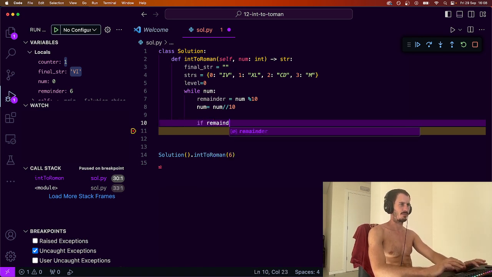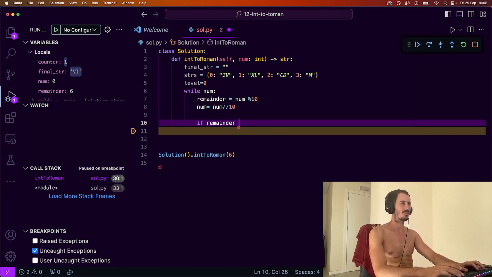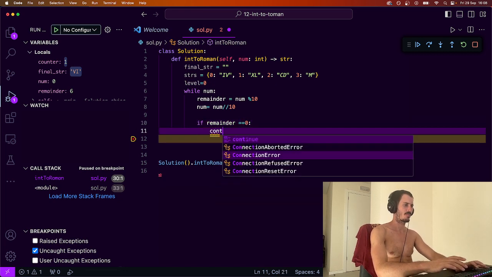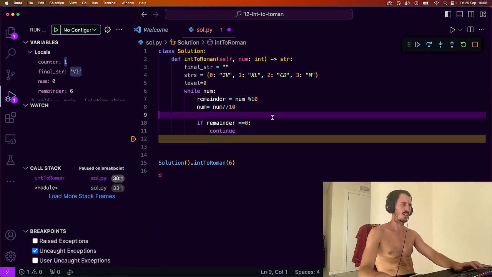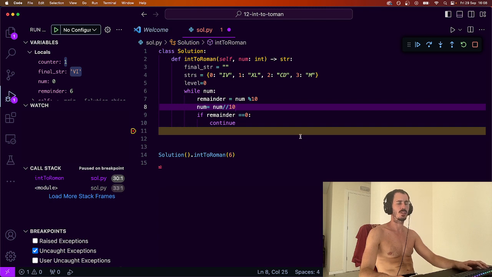I'm going to do a bunch of ifs. If remainder equals 0, let's continue. Let's not care. Why? Because the representation of 10 is X and the representation of 100 is C, so we're not really caring about the zeros.